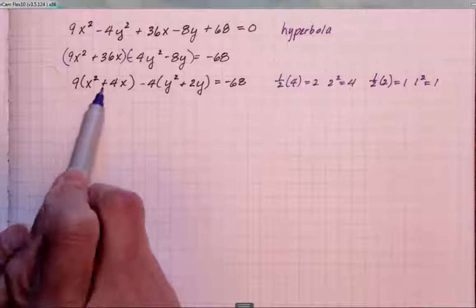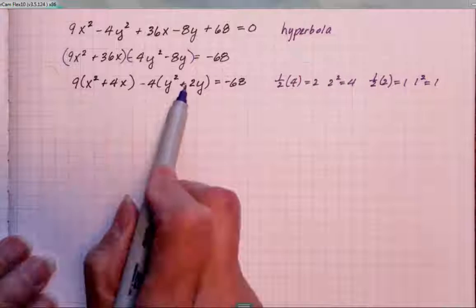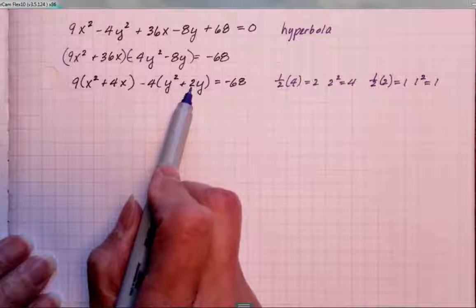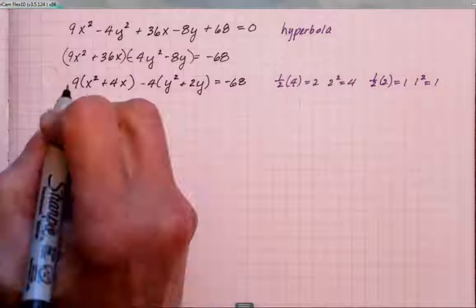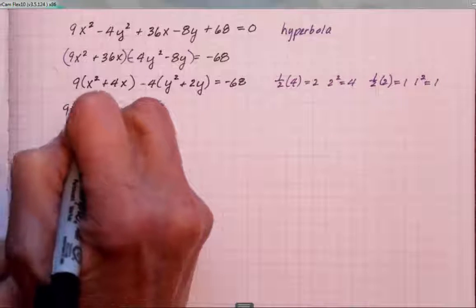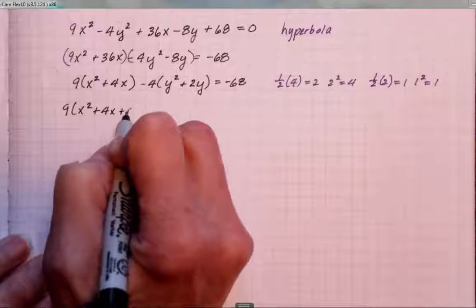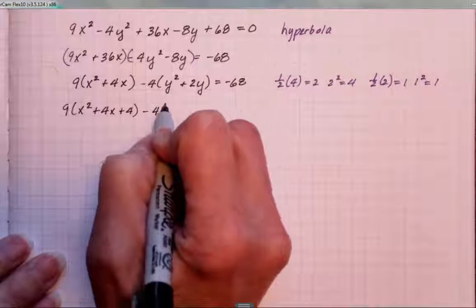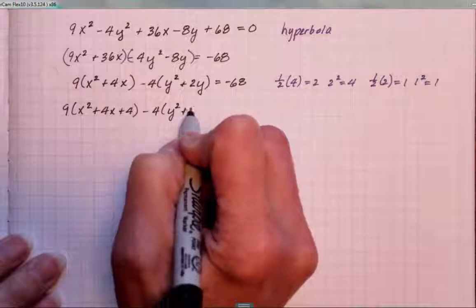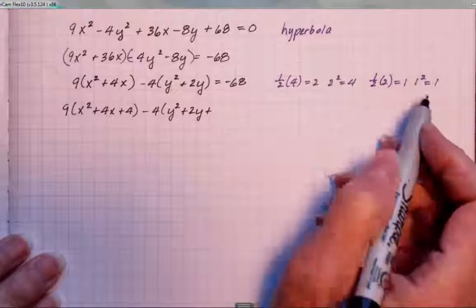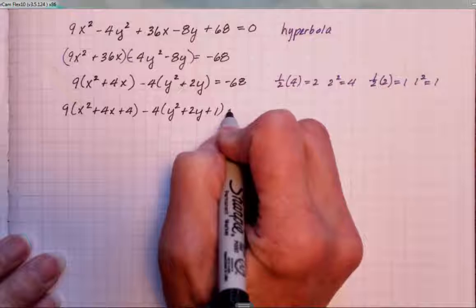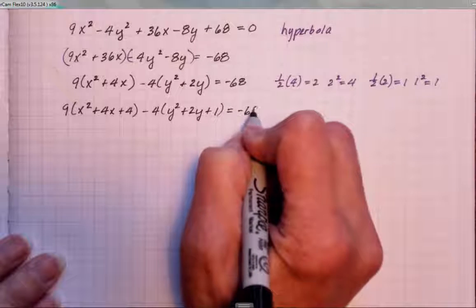So I'll be adding 4 inside my x parentheses, I'll be adding 1 inside of my y parentheses. 9 times the quantity x squared plus 4x plus 4, minus 4 times y squared plus 2y plus 1. That's going to be equal to negative 68.